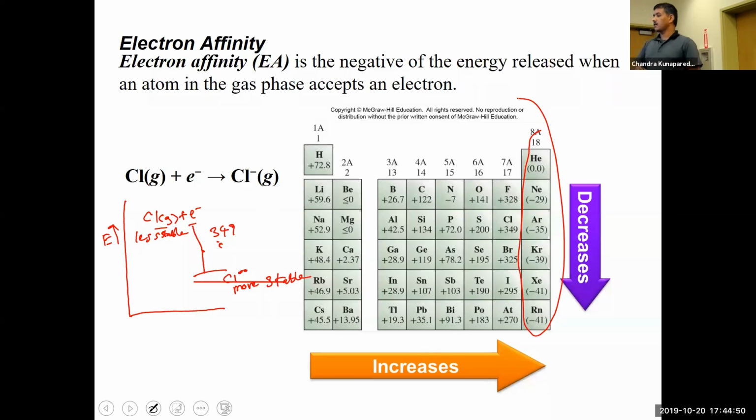Noble gases have completely filled electron shells, and if we convince them to take one more electron, they are going to say no, which means we need to input energy for them to accept the electron. By accepting the electron, they go into an unstable state. That's why you can see negative values for them.